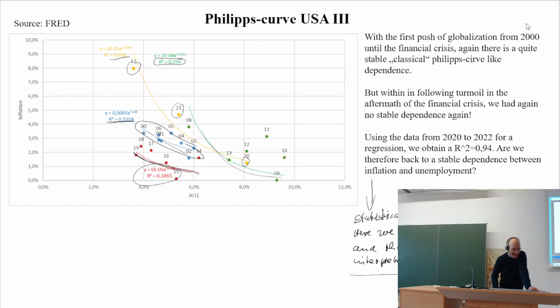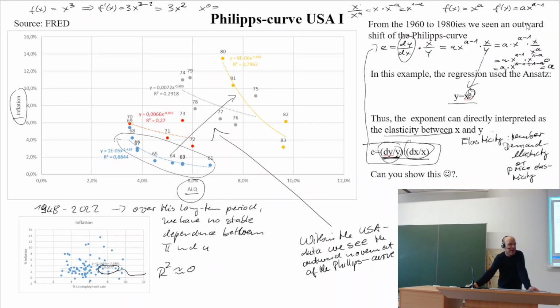But if we go back here to US data, we find a similar picture also for other developed countries in Europe in this time from the 1960s to the 1980s.